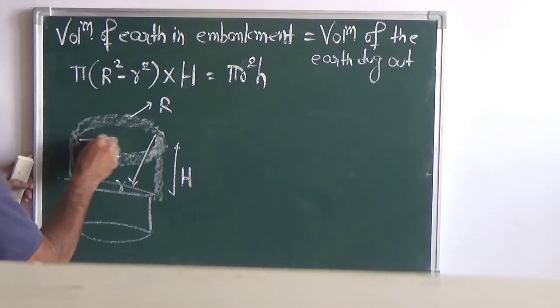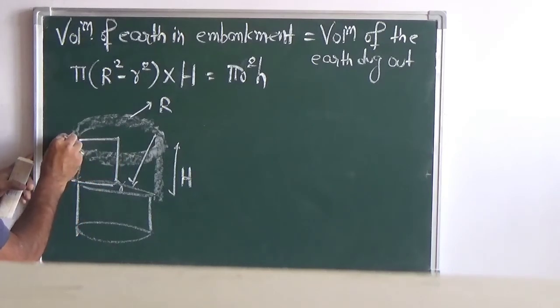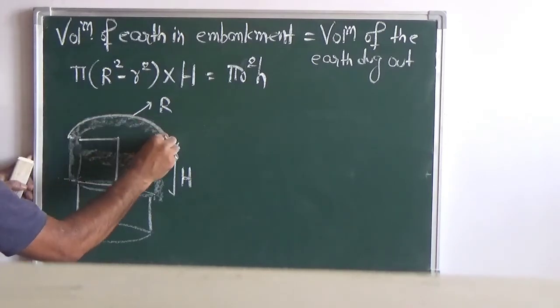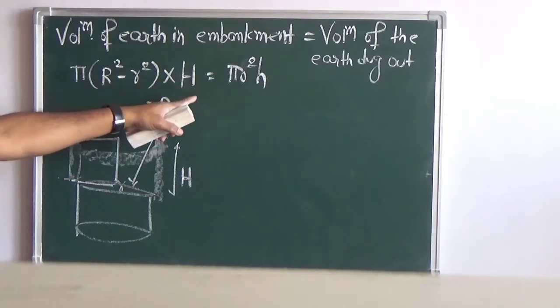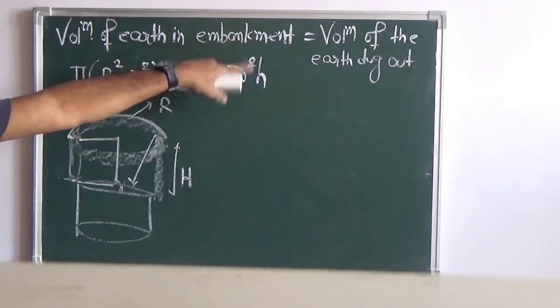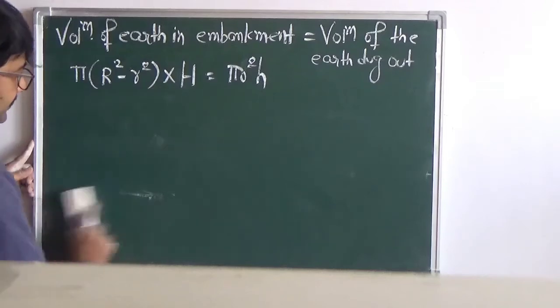This is the inner radius, this is the outer, this is the width 7.5, so this becomes the outer radius. So the volume of the embankment is just like the volume of the hollow cylinder, that is pi of R square minus r square into the height, and this is equal to the volume of the earth dug out, that is pi r square h.